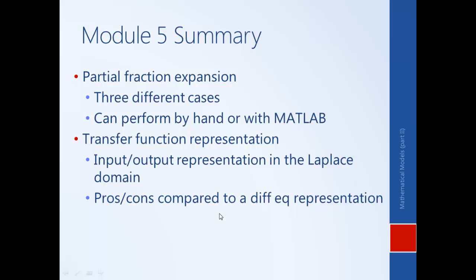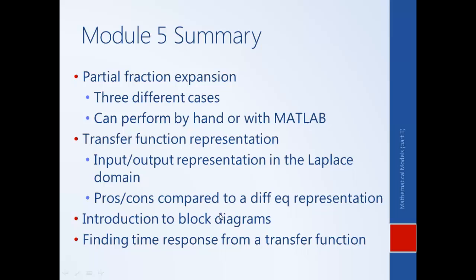Disadvantages are that it doesn't capture the initial conditions of the system, and that it can only be applied to linear time invariant models. We also introduced block diagrams as a graphical representation of complex systems, and we introduced the concept of finding a time response of a system, i.e. finding the output of a system as a function of time when given a transfer function model and the input to the system.